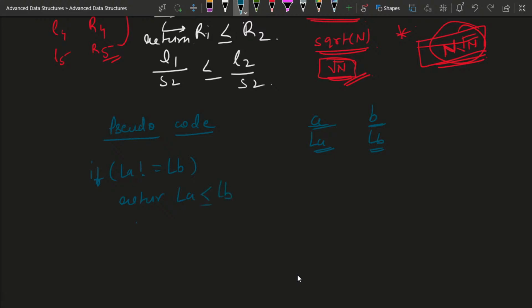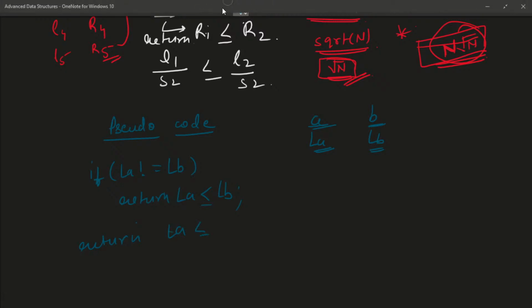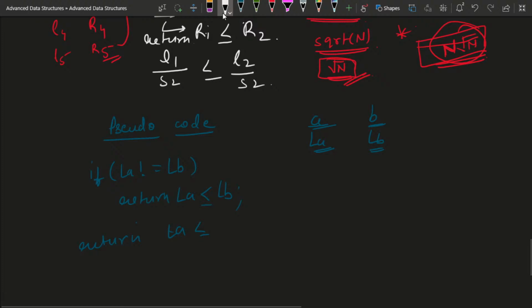And if it is equal, then I am going to sort on the basis of the right hand, so that would be A dot R less than B dot R.